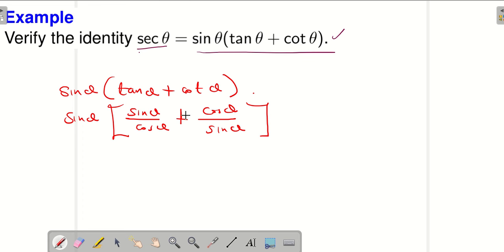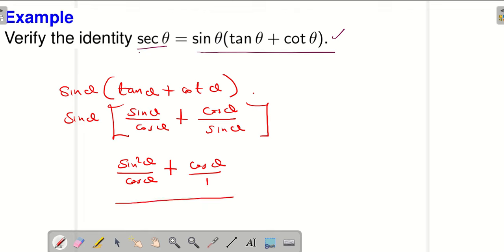So if I multiply through by sine theta, I'm going to get sine theta times sine theta will give me sine squared theta, all over cos theta. Then plus, when I multiply here, sine theta will cancel sine theta, so I'll get cos theta. Now remember that this one is over 1.